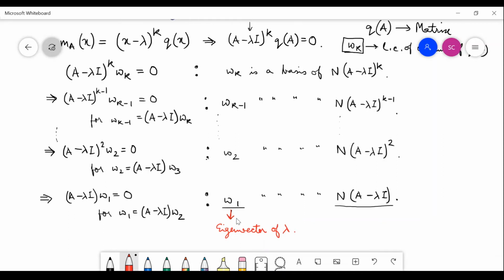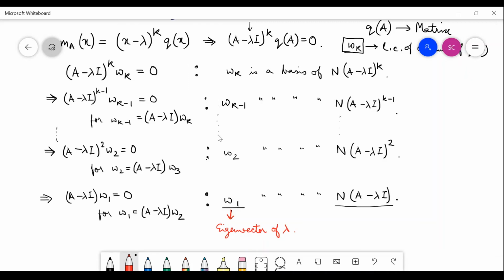And these basis vectors are also independent of each other. They are related like this, but this is not a scalar relation. These vectors can be selected as independent of each other.